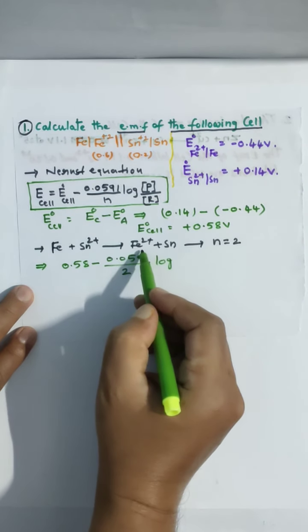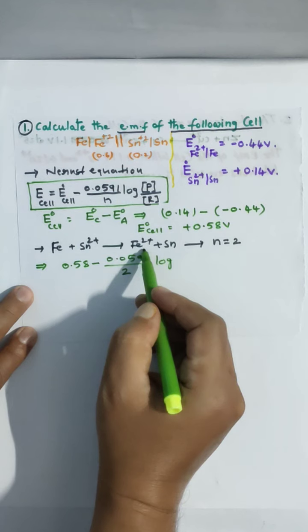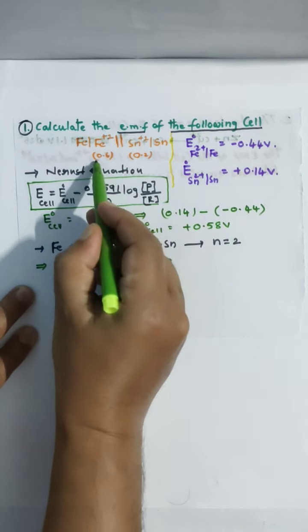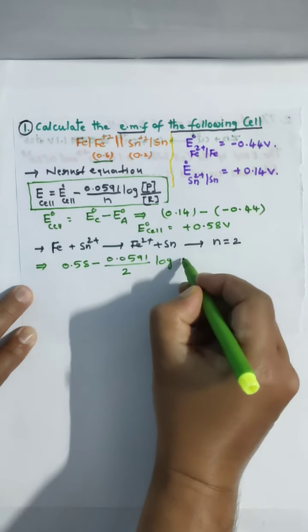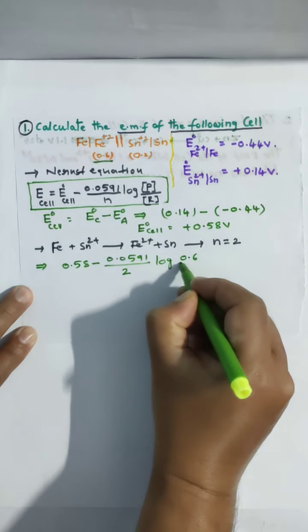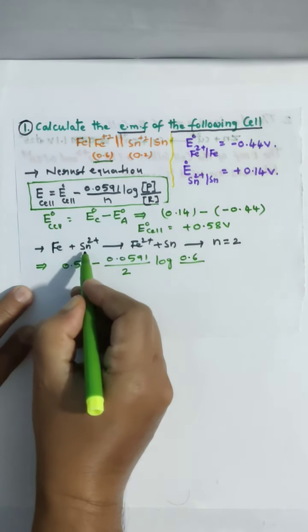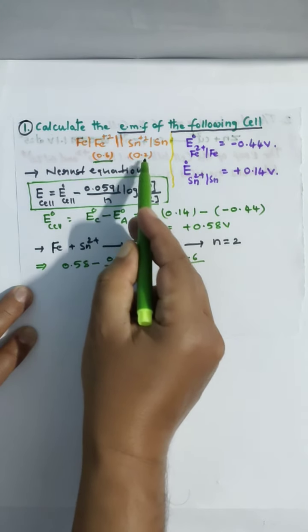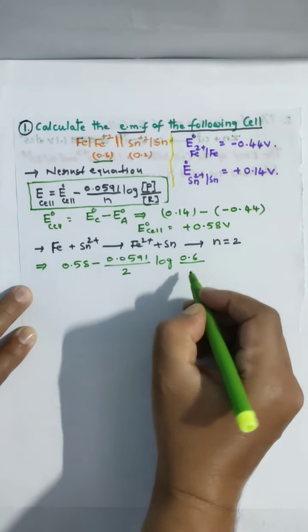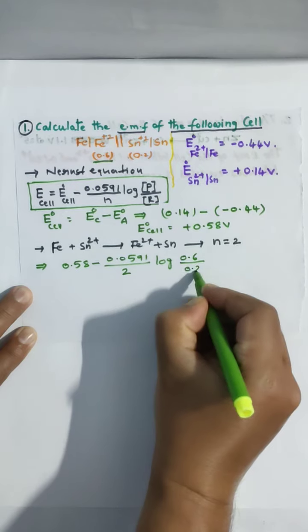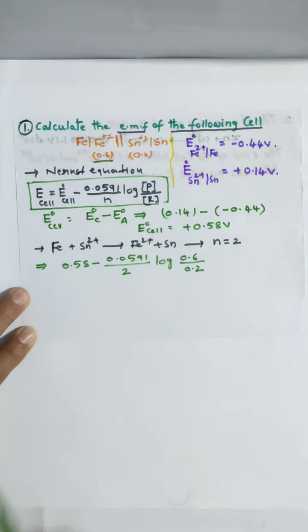Which is the product here? Iron 2 plus, value 0.6, upon reactant concentration. Which is the reactant? Tin 2 plus, value 0.2. So substitution is completed.